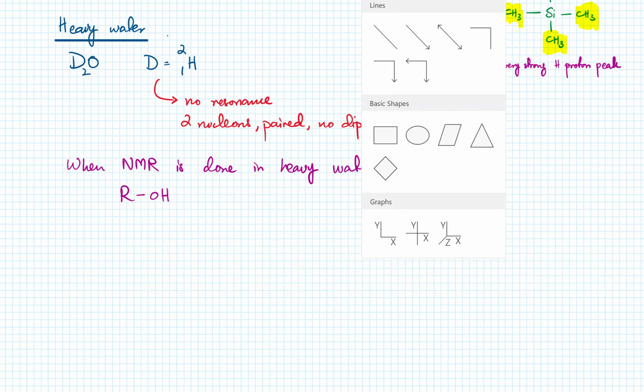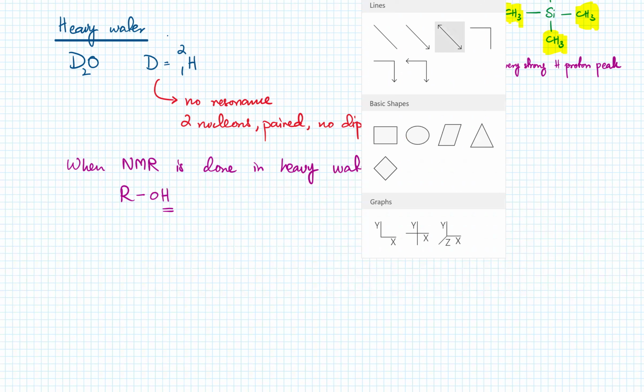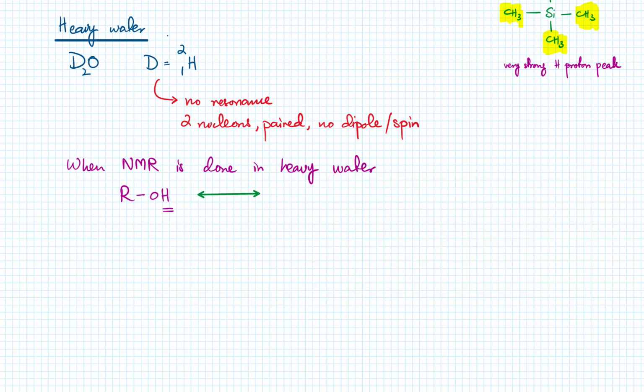Whenever you have an OH hydroxy, whether it's a carboxylic acid OH or an alcohol OH or any OH whatsoever, it disappears because the H in OH is going to be displaced by D plus ions. So you'll have a frequency, and this one is not going to have a resonant frequency. So one of the peaks is going to disappear.